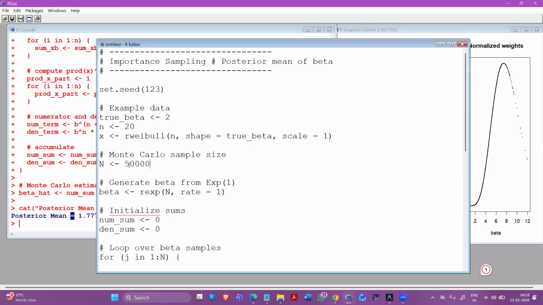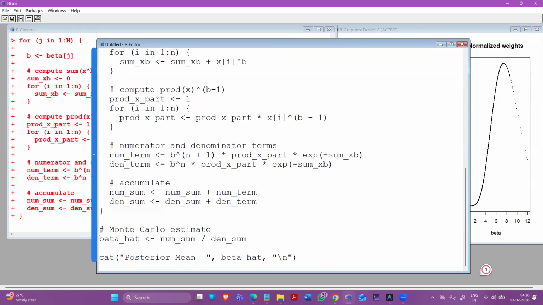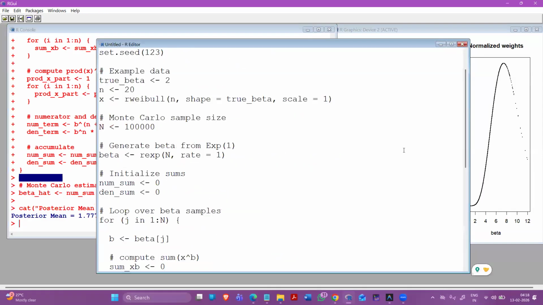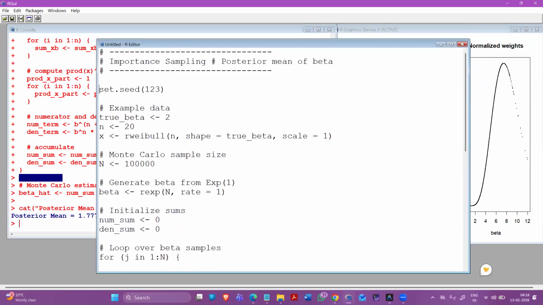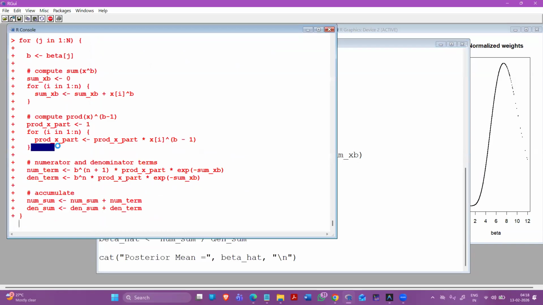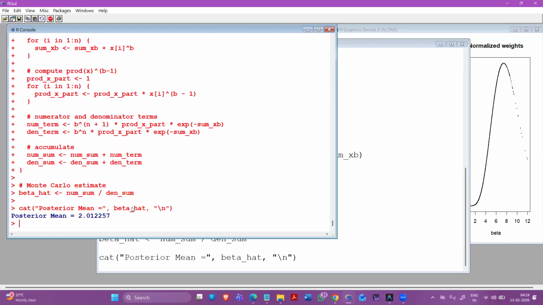Suppose I do 100,000 iterations. It is still one. I am not changing the sample size. Set dot seed, and I am going to increase it up to 100. It will take a bit of time. 2.01 means almost 2.